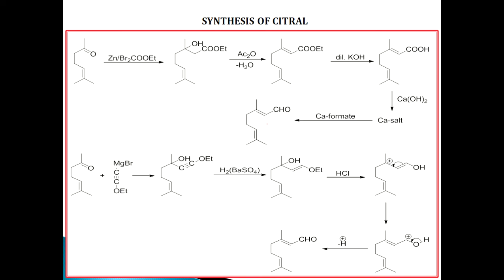Another way of synthesis of citral starts with methyl heptanone. The methyl heptanone reacts with a Grignard reagent. A nucleophilic addition reaction takes place, giving a tertiary alcohol.